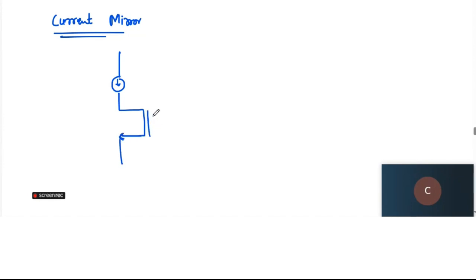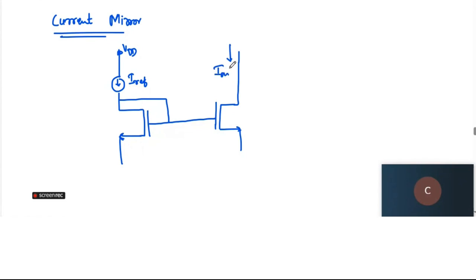The concept of current mirror is to mirror the current that is flowing in one particular wing into the other wing, giving you the same current that is flowing in the original reference wing. So I'm going to call it I reference. Here will be my VDD, and whatever current I'm going to see here, that will be my I out.